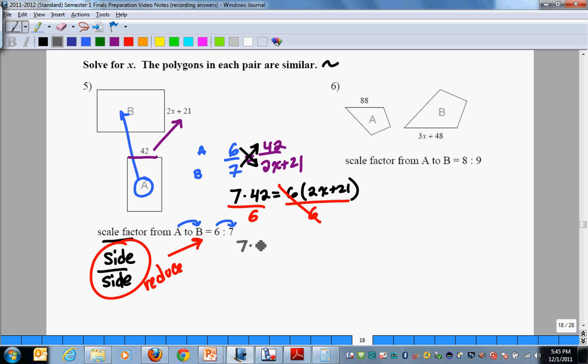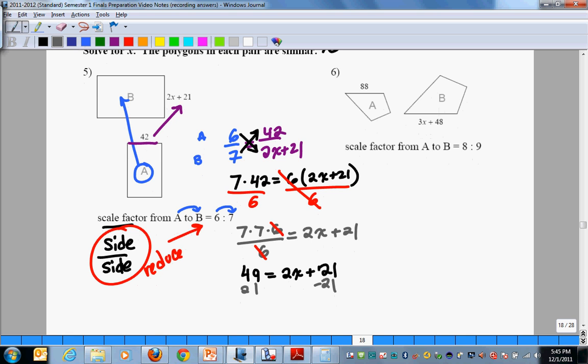And then 42 I'm factoring as 7 times 6 over 6 equals 2x plus 21. 6 cancels, so I have, next line, 49 equals 2x plus 21. We're going to minus 21 both sides. And I get 2x equals 28. Divide by 2, and we get x equals 14.